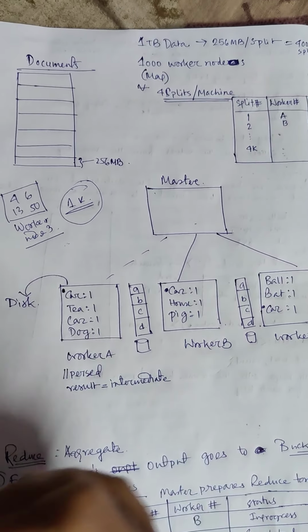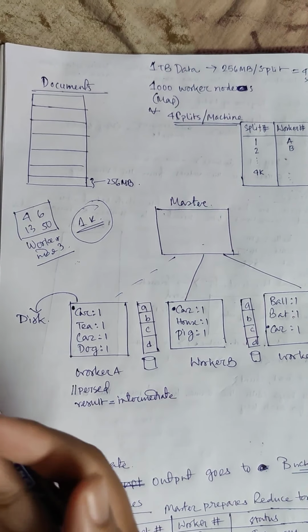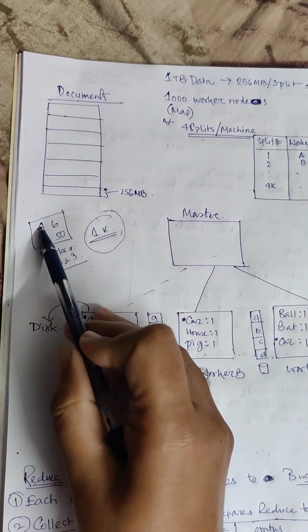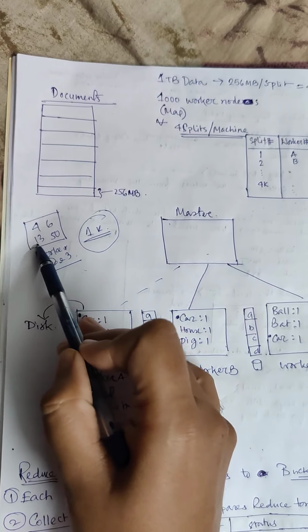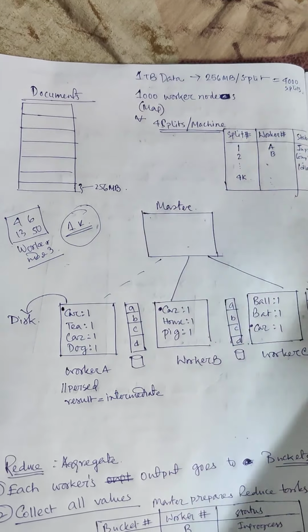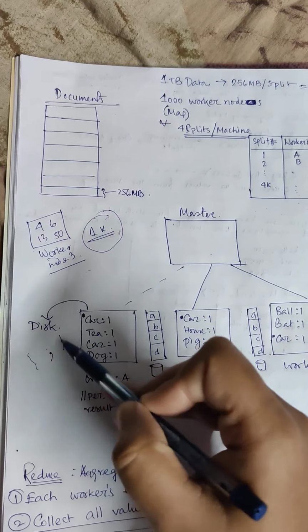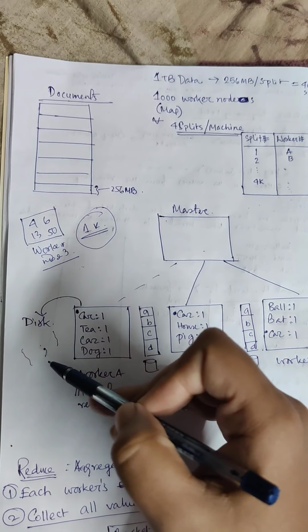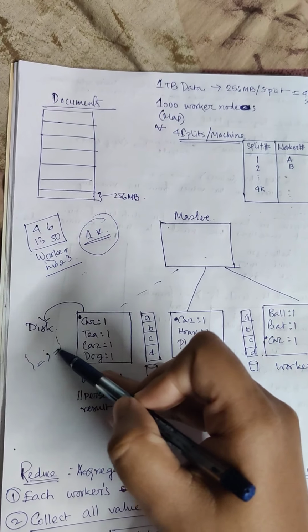Every commodity CPU, if we talk about worker A from the perspective of the map stage, goes to every split ID. For example, it goes to split ID 4, then 6, 13 and 50, and it determines their keys and values, because those files are majorly delimited by something like a semicolon, or some delimiters which say what the key is and what the value is.